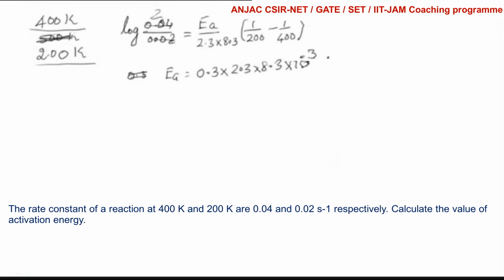This would come as 200 into 400 divided by the difference between them, 200. You just multiply it and this cancels.